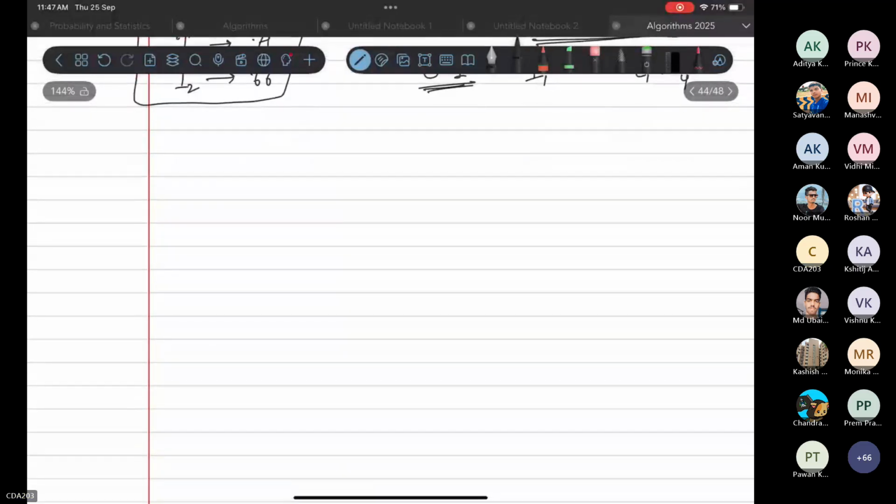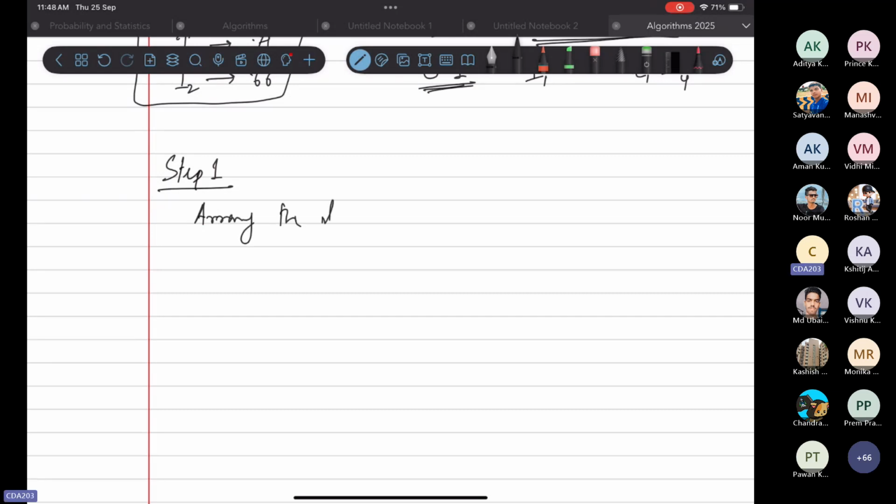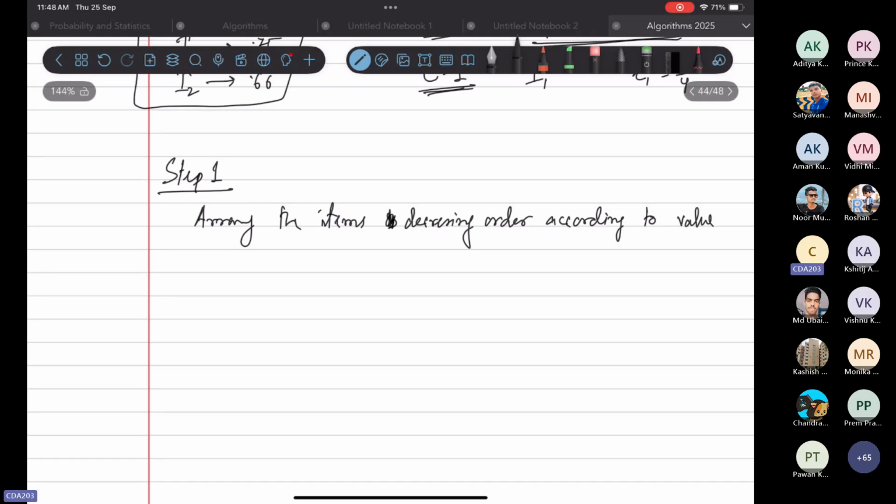So can we write the pseudocode? What is the first step? Arrange the items in decreasing order according to value per unit size.